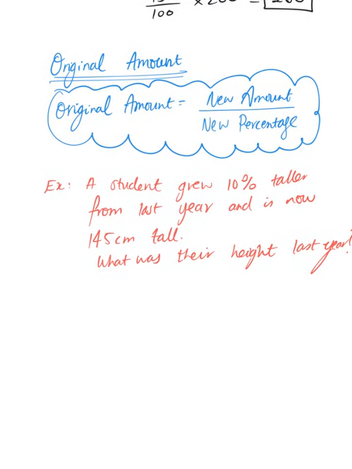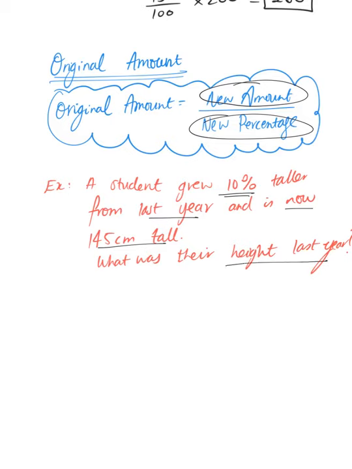And if we're asked to find the original amount, we can obtain this by dividing the new amount by the new percentage. So over here, a student grew 10% taller from last year and is now 145 centimetres tall. The question wants us to find this student's height last year. So to start off with, I need to write down the new amount, and the new amount is 145 centimetres. And I am dividing this by the new percentage.